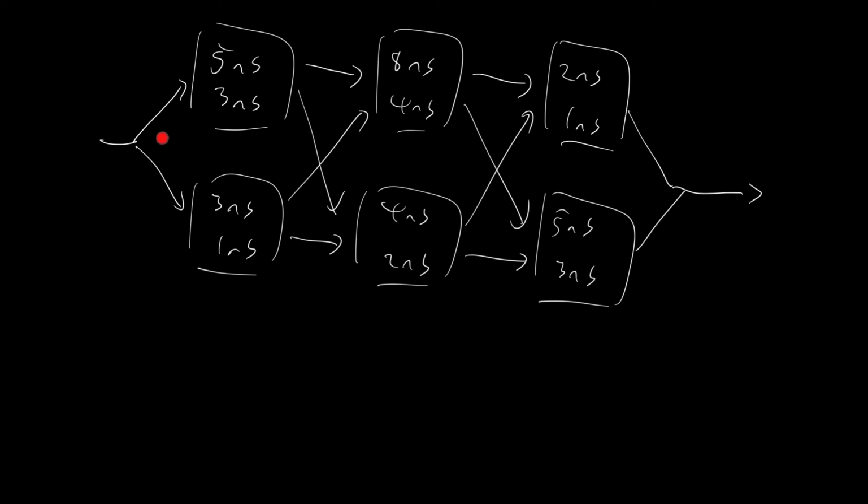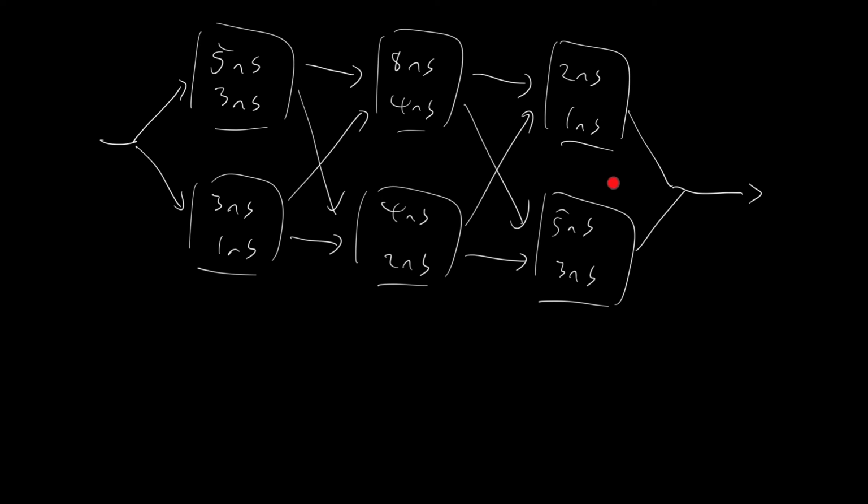To find the contamination delay, we need to find the fastest path through this network. Remember, a busload of people arrives here. The fastest people will make it through each logic gate based on the contamination delay. We want to know when the first person comes out the other side. We need to find the fastest path. Now, for very big, complicated networks, this is a problem that computer scientists consider how to solve.